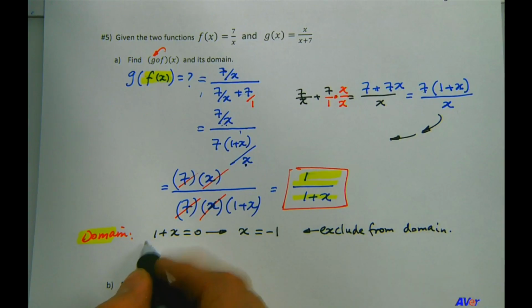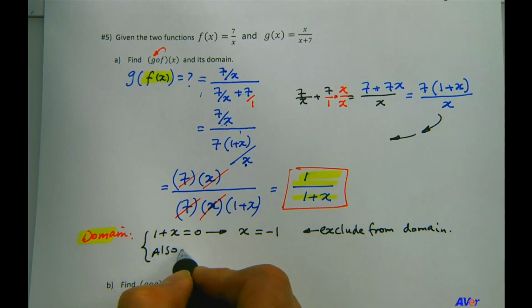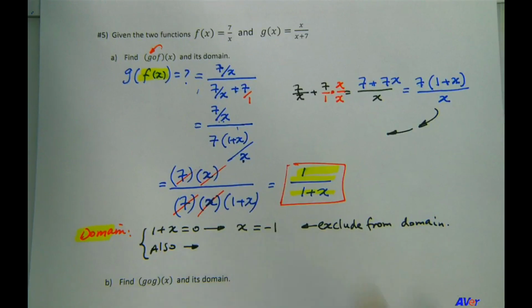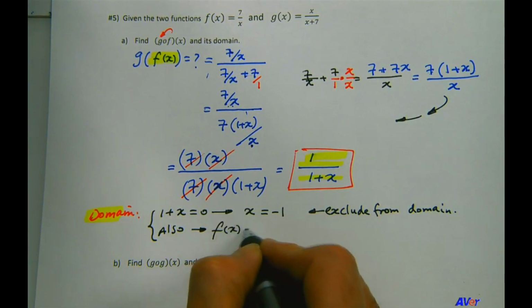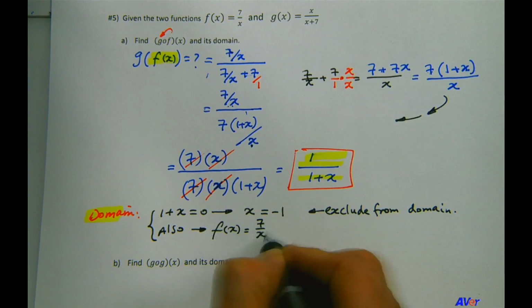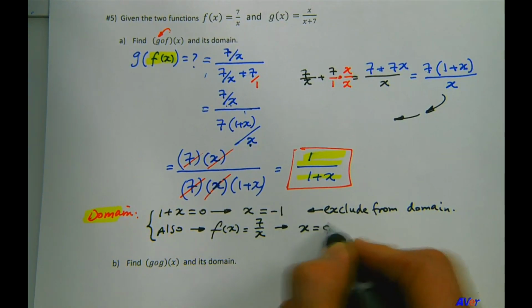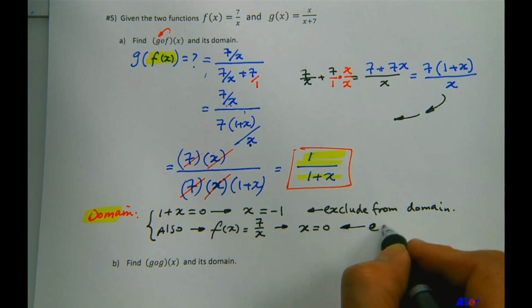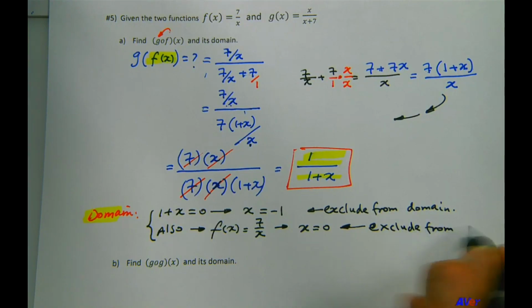Also, f of x, let me move this up a little bit. So f of x equals 7 over x. Therefore, x equals 0, exclude from domain.